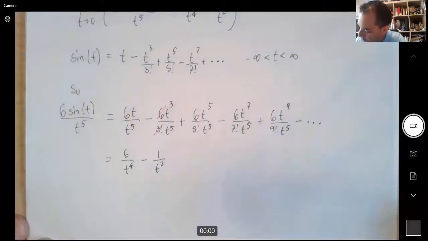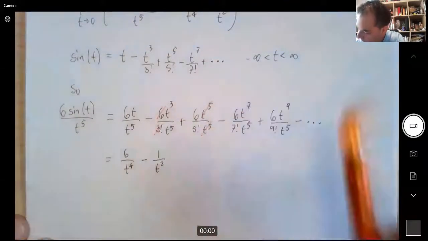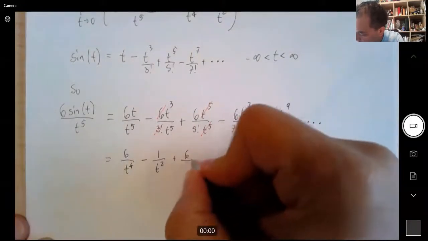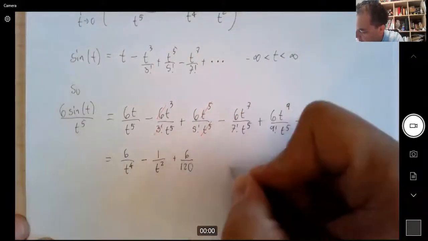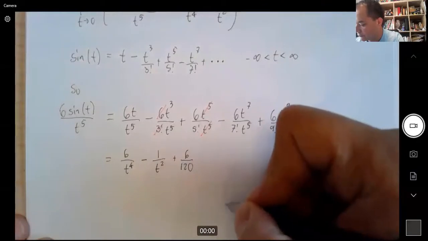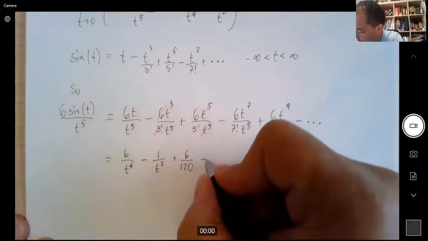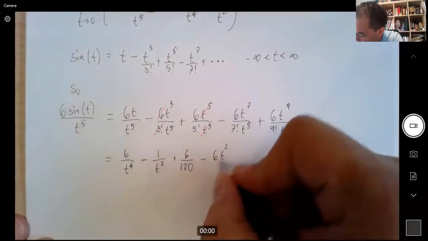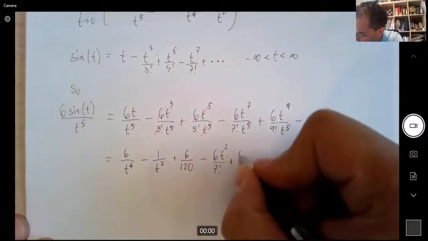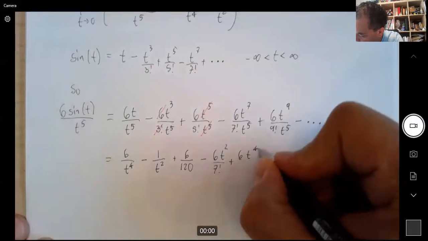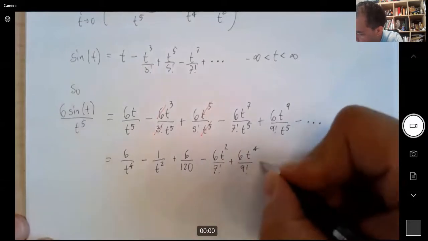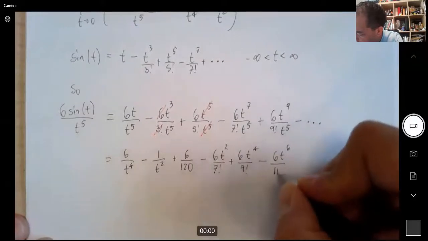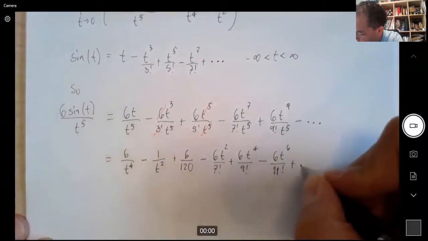Then here the t factorials go away, and what I have is 6 over 5 factorial, which is 120. Then I have 6t squared over 7 factorial, 6t to the fourth over 9 factorial, and etc. Minus the next ones will be like this, 11 factorial, and more.